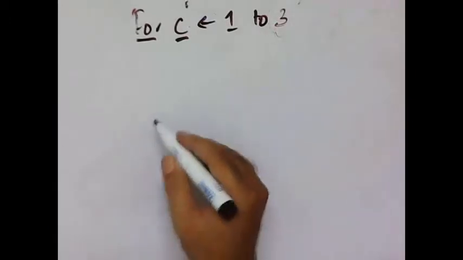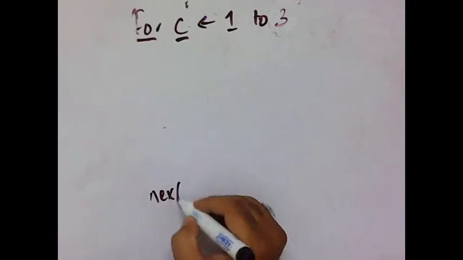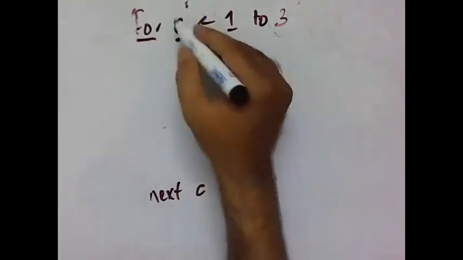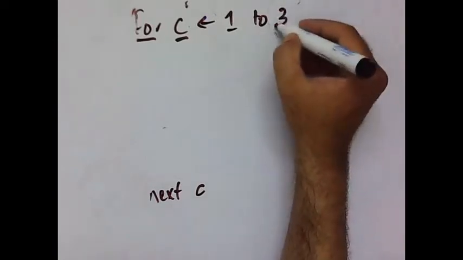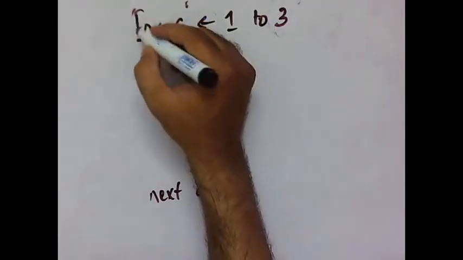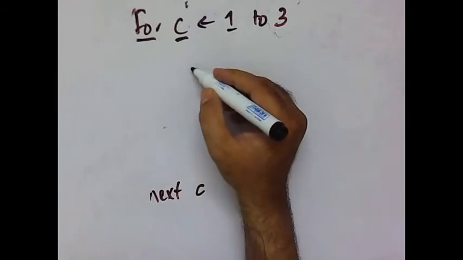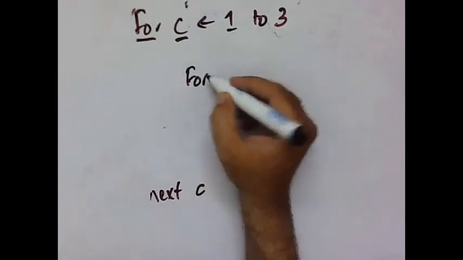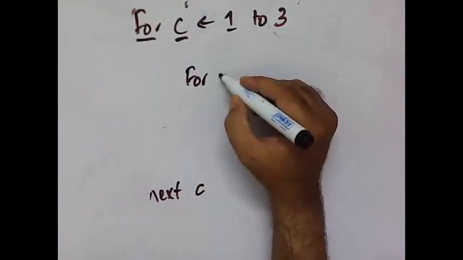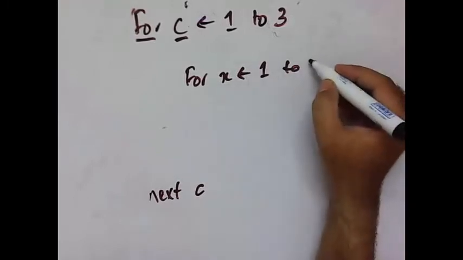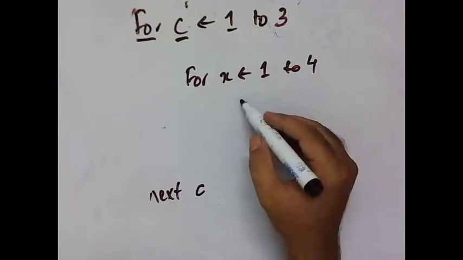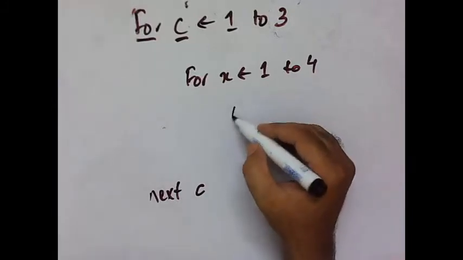The ending of the for loop was with next C, because I've written C over here, I need to write C over here. A loop within a loop means that when my one loop has started, another loop would start within it. Let's create another loop for x equals 1 to 4, and let's display something over here.